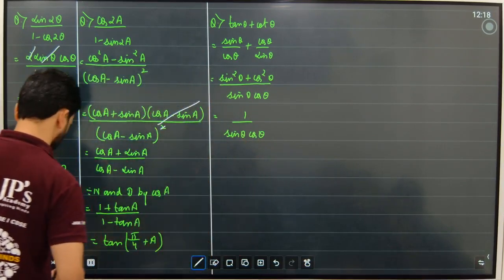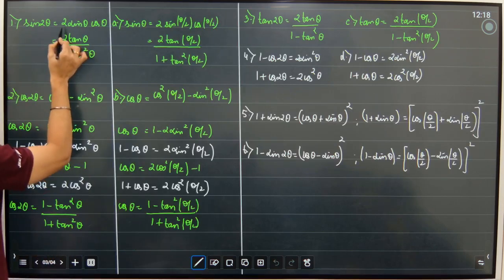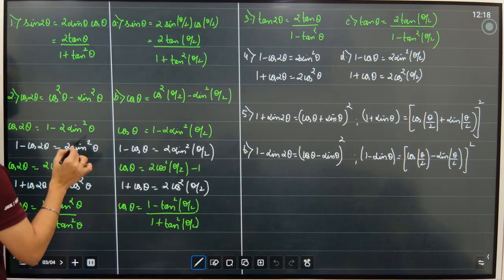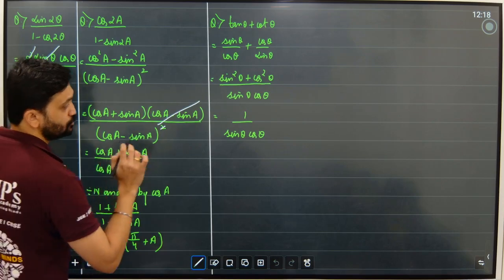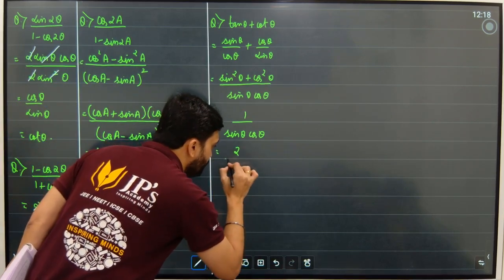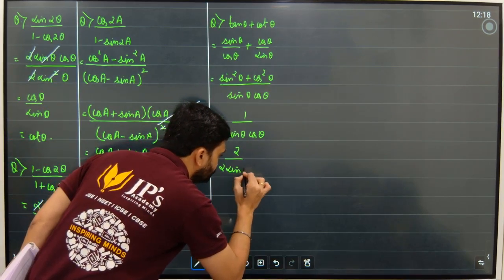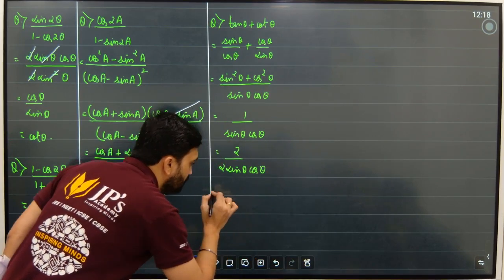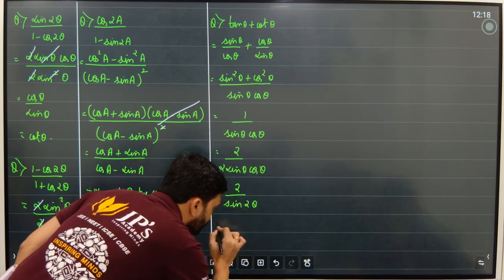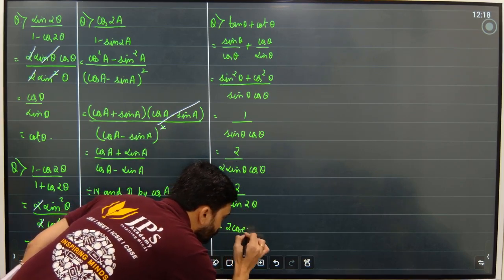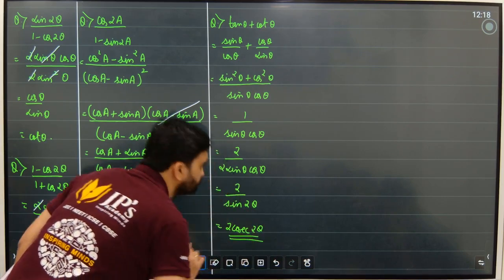Now look carefully. I have sin theta cos theta. A 2 is missing for my formula to complete. So I'll multiply and divide by 2, which will become 2 upon sin 2 theta, which is nothing but 2 cosec 2 theta.